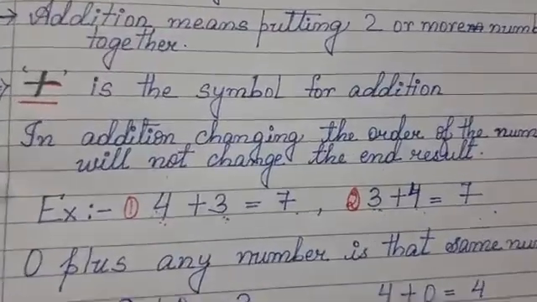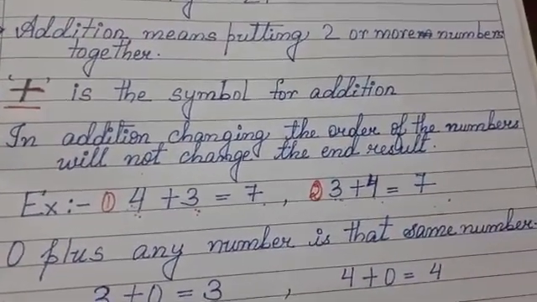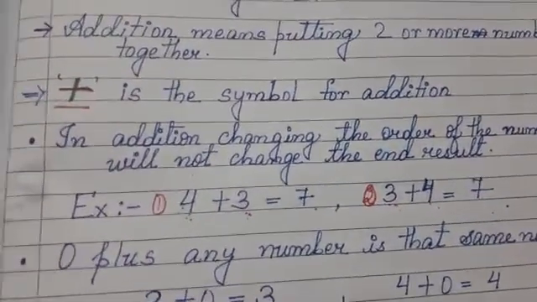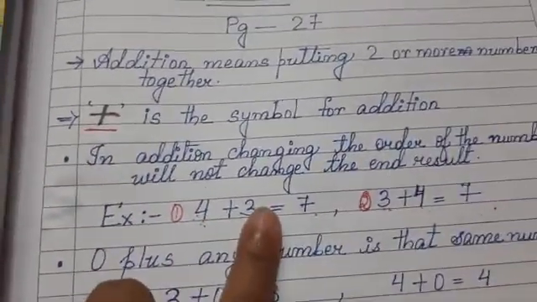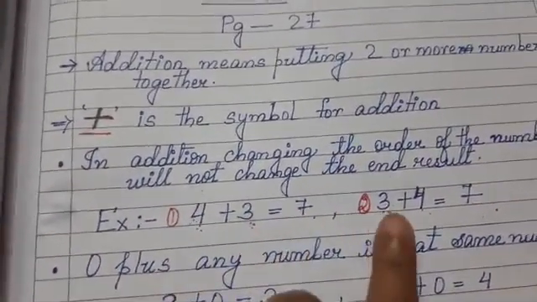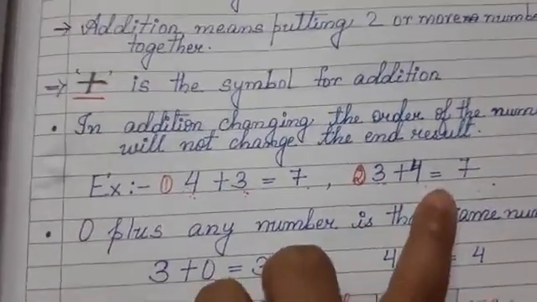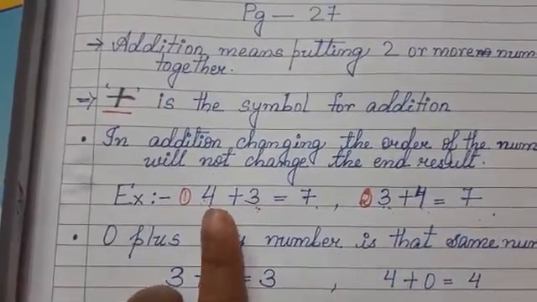So children, in addition, changing the order of the numbers will not change the end result. That means, if we are taking two examples, 4 plus 3 is equal to 7, and in the second example we are taking 3 plus 4 is equal to 7. In both examples we have taken the two digits 4 and 3.